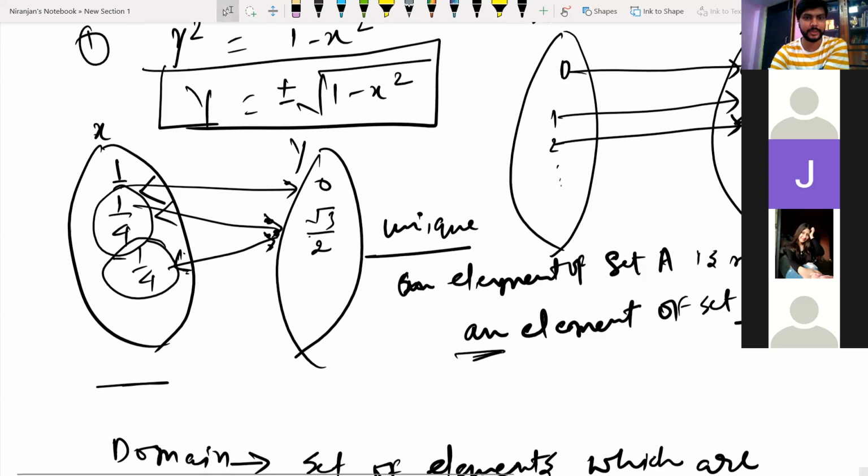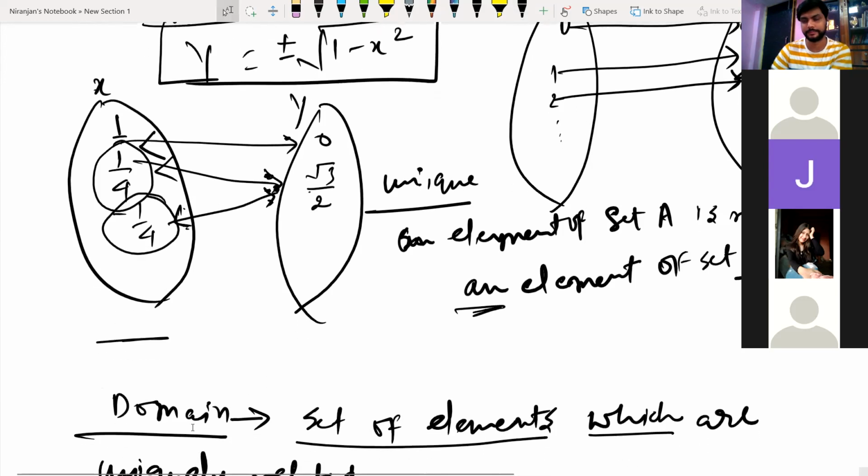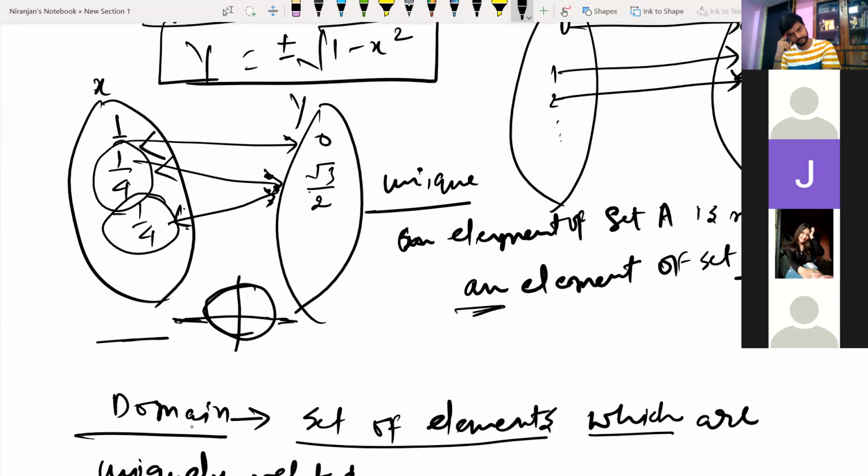You can also think of it the other way. Just make the graph. This was a circle, a standard unit circle. So can you say that this is a function? The plus square root of 1 minus x squared is this part, and the negative part is this one.